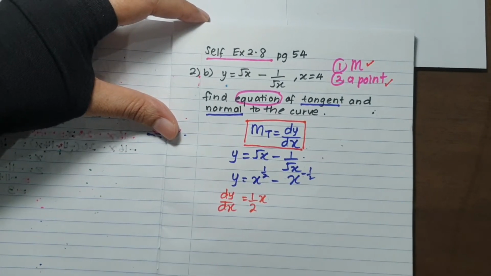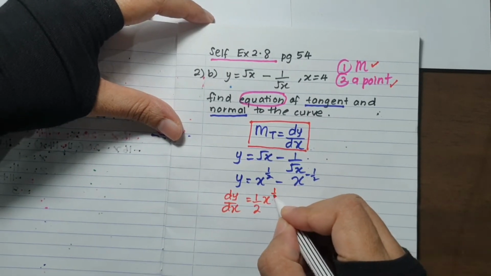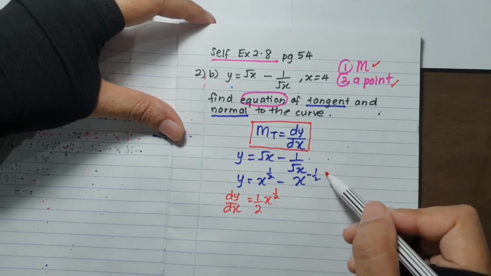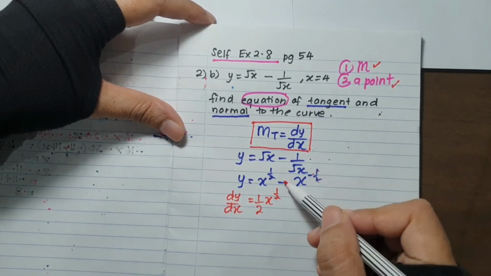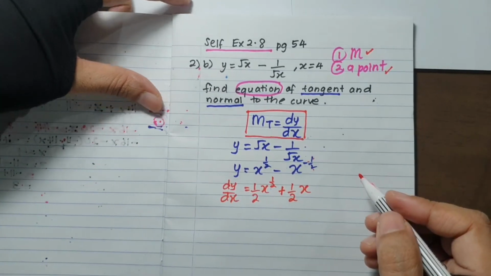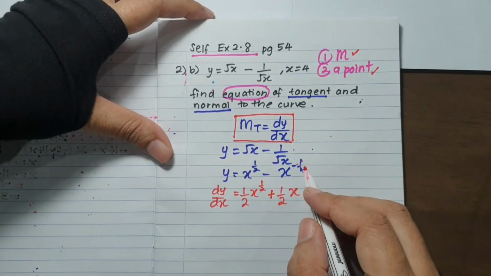Half minus 1 is negative half. Next, multiply the index to the front, negative half times negative 1, positive half. Copy the variable there, and then the index here always minus 1.